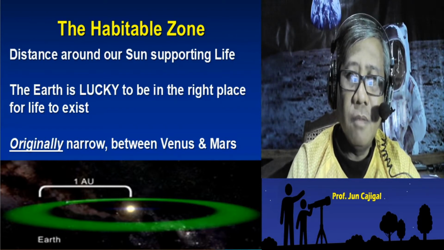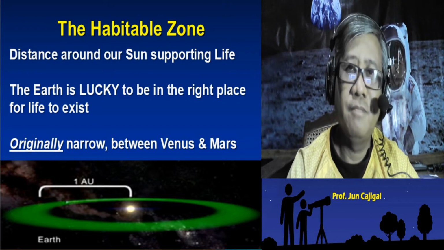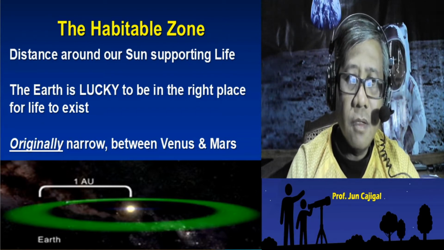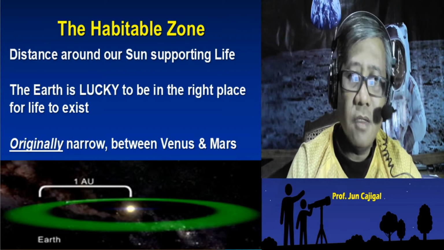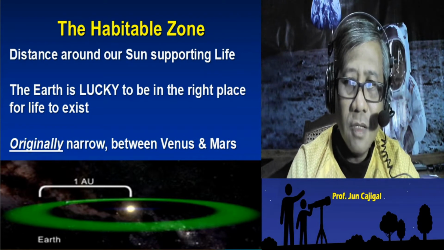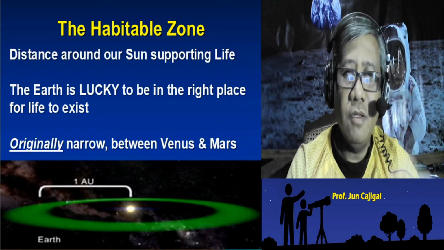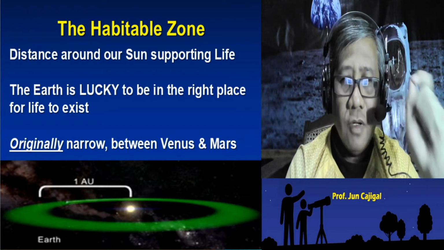The bed was just right sa kanya. Okay? Alright, so, to translate this sa habitable zone, the distance of our planet from the sun is just right for us. The Earth is lucky to be in the right place for life to exist.